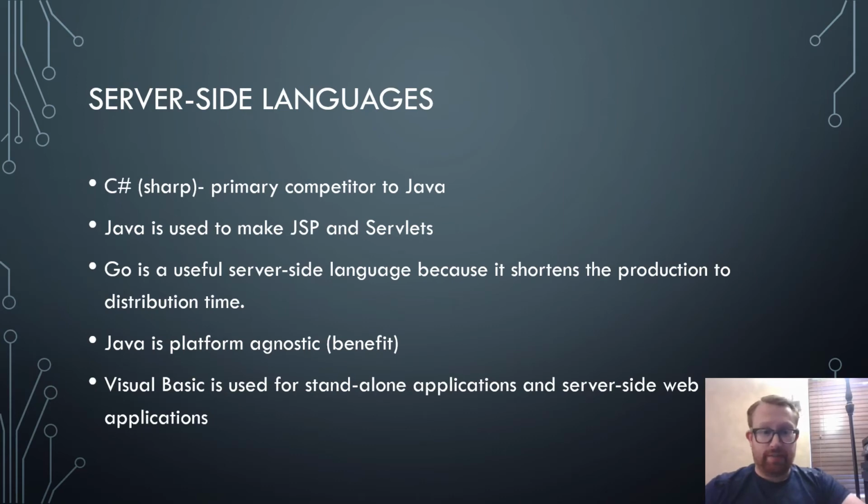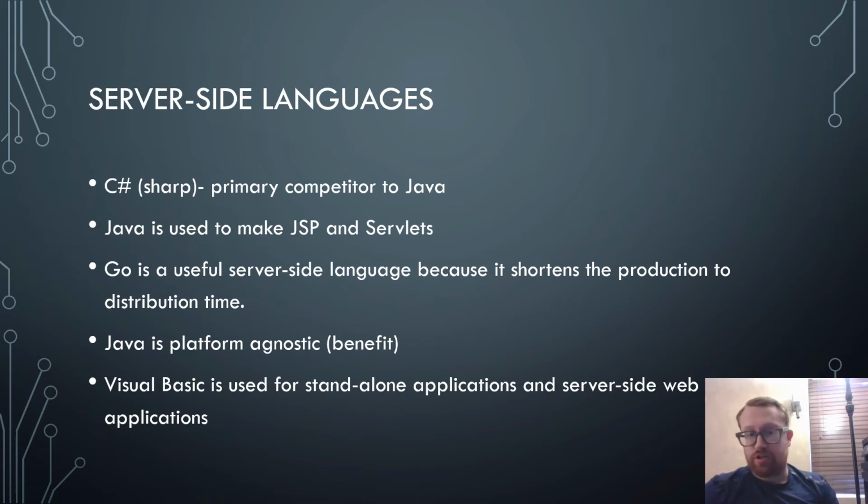So server-side languages. In server-side languages, we talk frequently about the number of them, and that's why you need to know a few of them. First one is C#. You need to know that this is the primary competitor to Java. Java is used to make JSP and servlets. This was talked about on the server-side languages part of Java. Go or Golang, it's a useful server-side language.